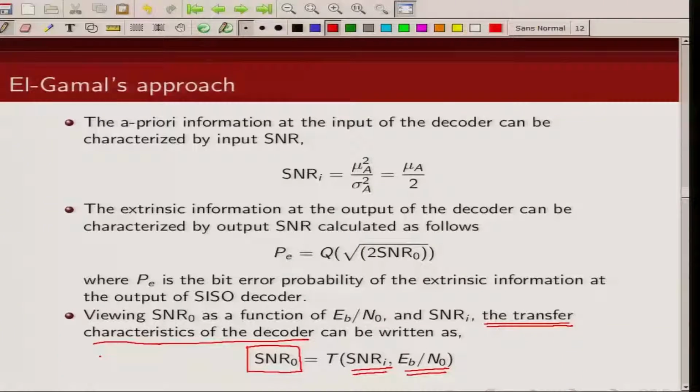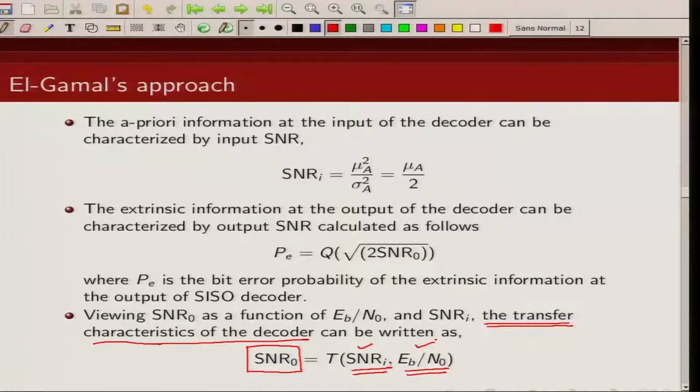Now, a channel received value is a function of the channel operating SNR, and the a priori information is a function of the a priori input SNR.